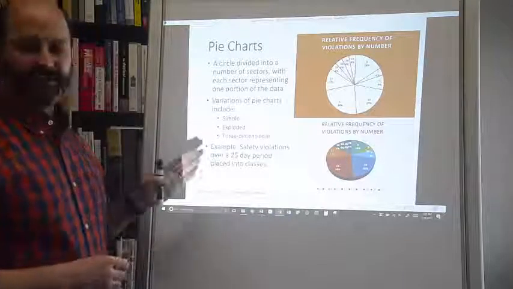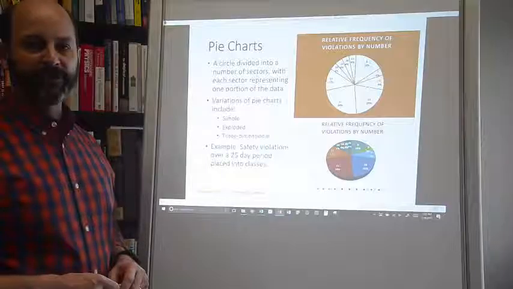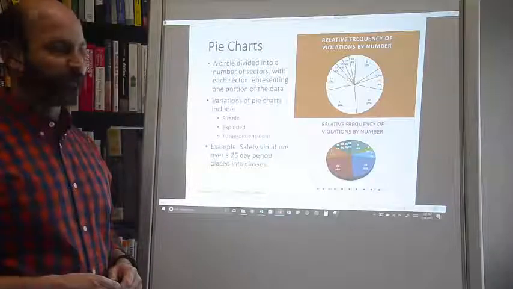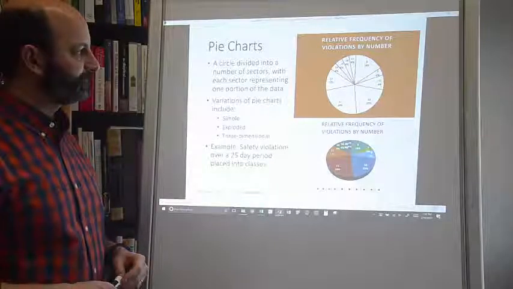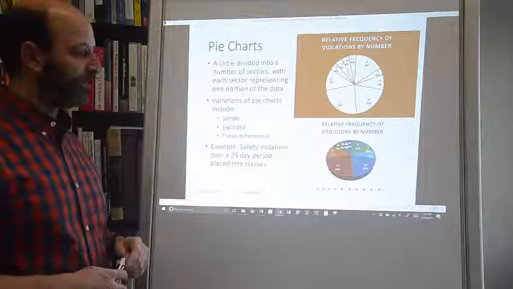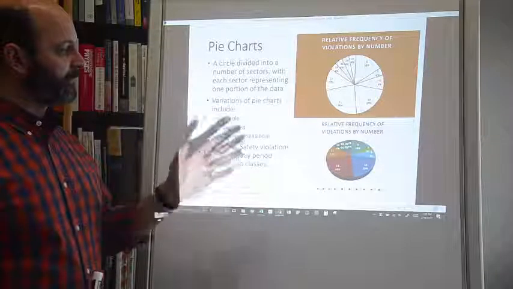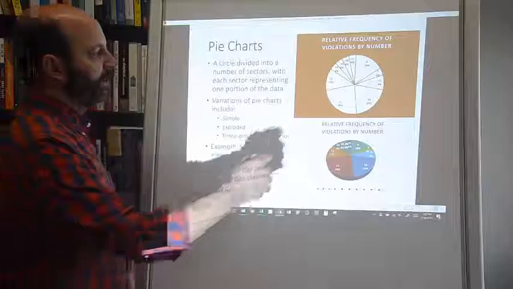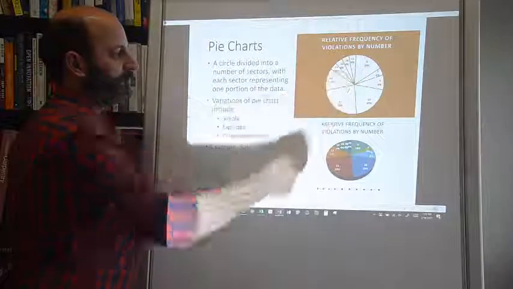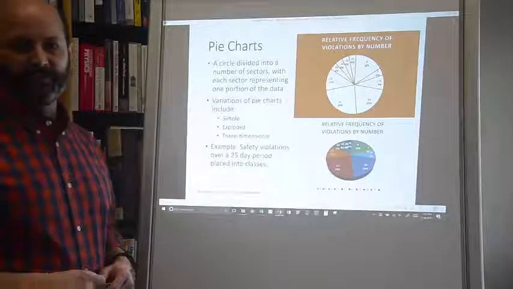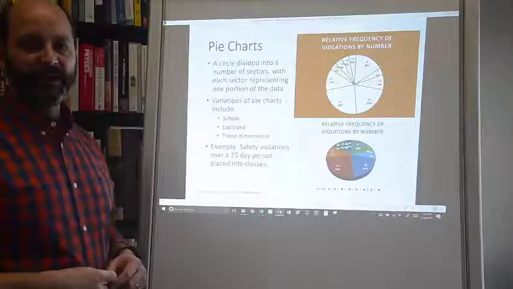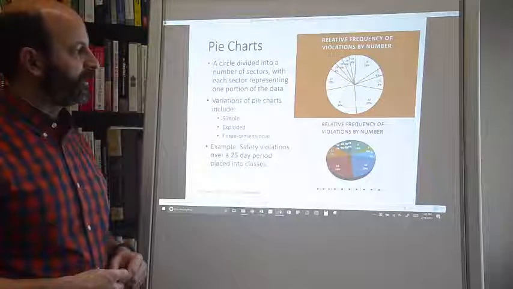Another very common way that we're going to display information is through pie charts. With that same information on violations, we broke it down by frequency, and then we look as a whole at how often and what percentage of the total those observations are.